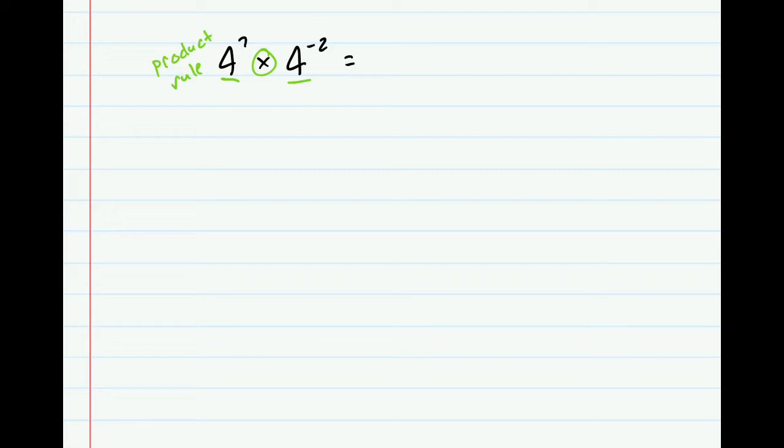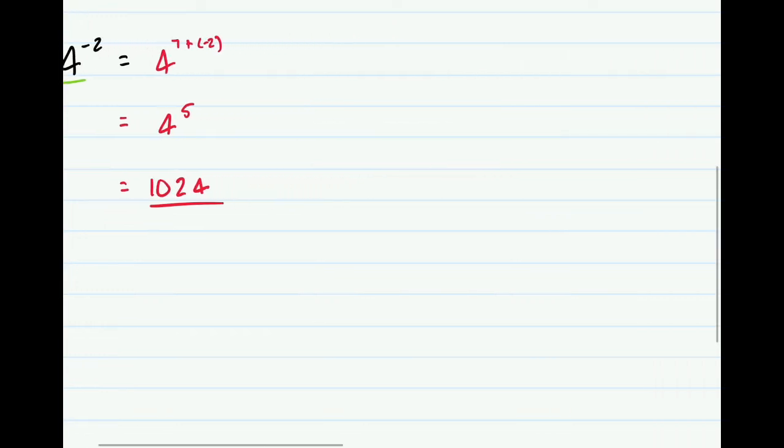Same base, so 4 to the power of 7 plus a negative 2, and that equals 4 to the power of 5. And if we want to completely solve it, 4 raised to the power of 5 is equal to 1024.